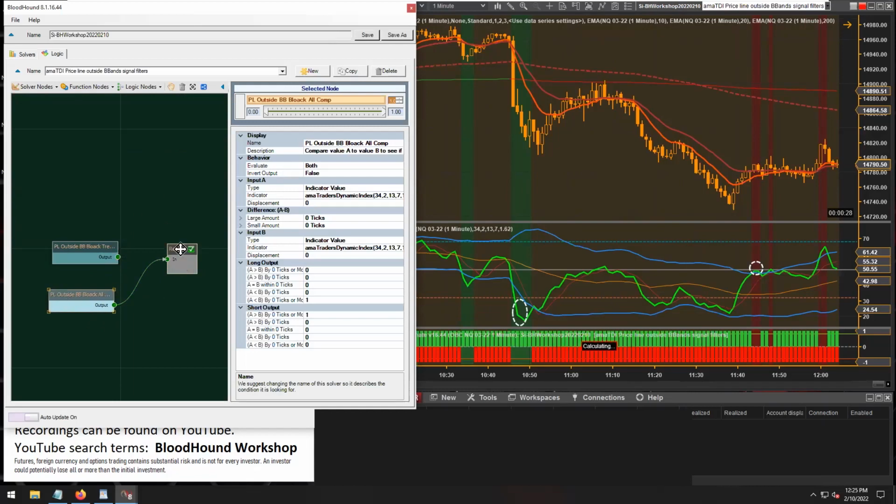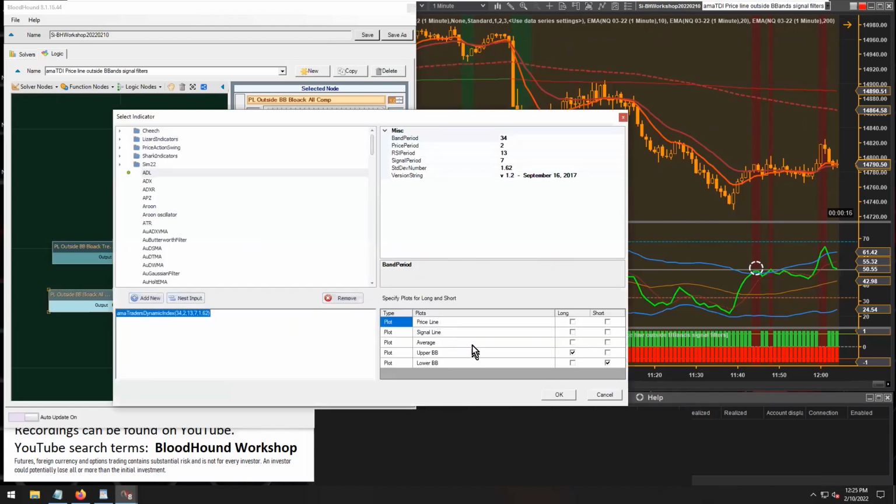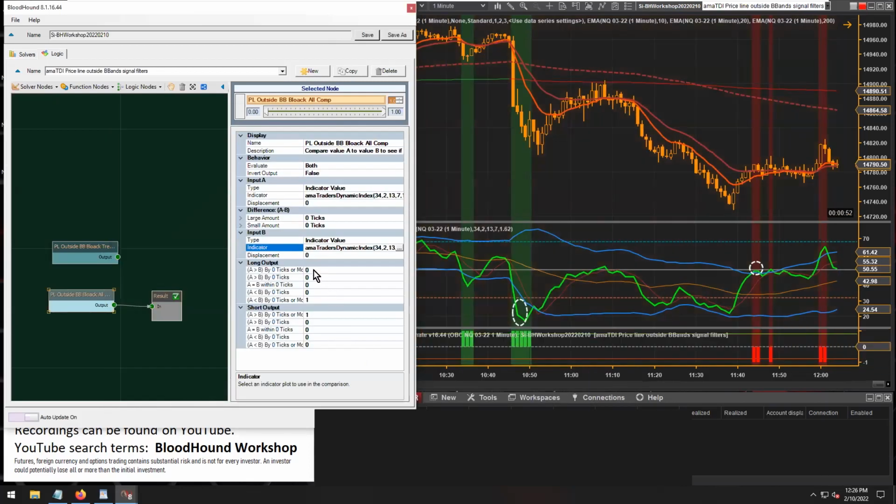And so now I just need to get the outputs correct. Let's see if I want to switch out.